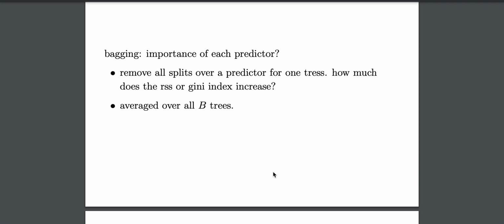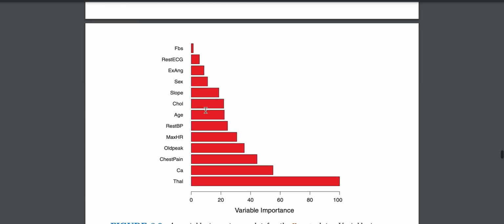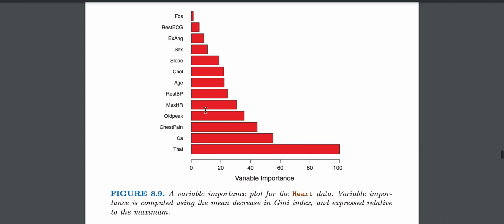And how can we do it? For each predictor, we can see how much the residual sum of squares, the RSS, increases if we remove all the splits over that predictor for each of the trees. Then we average over the B trees, and that gives us a sense of how important the different variables are.